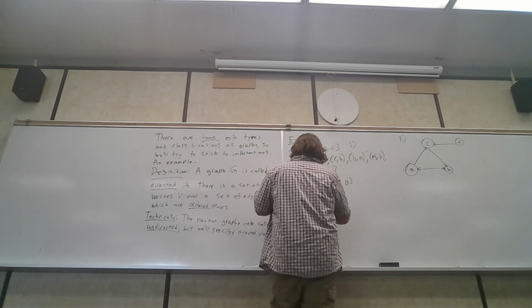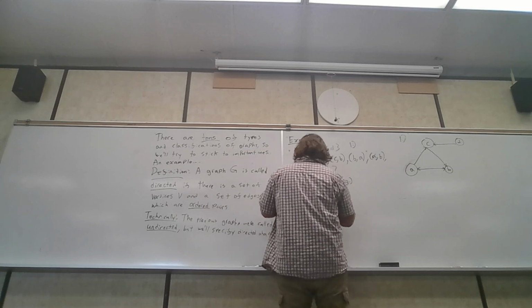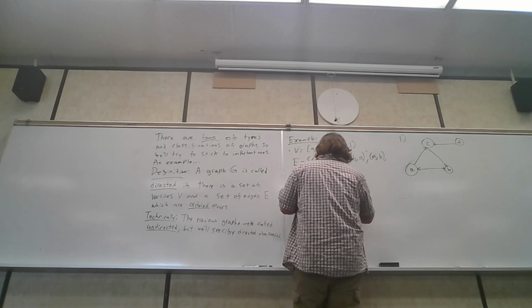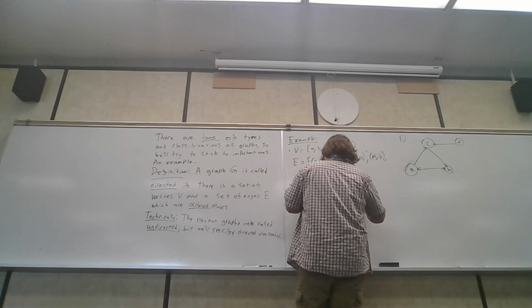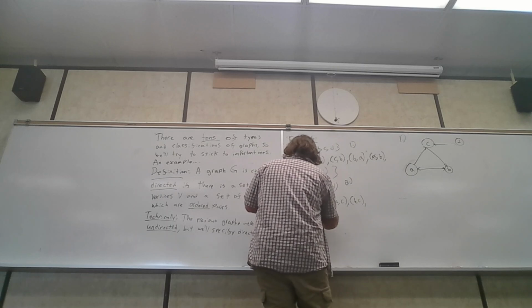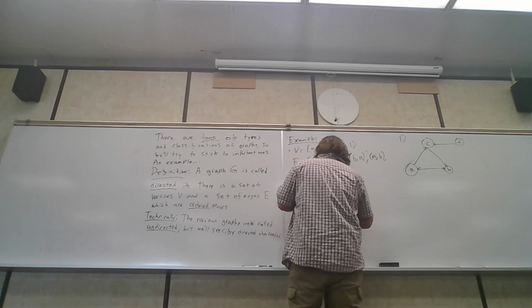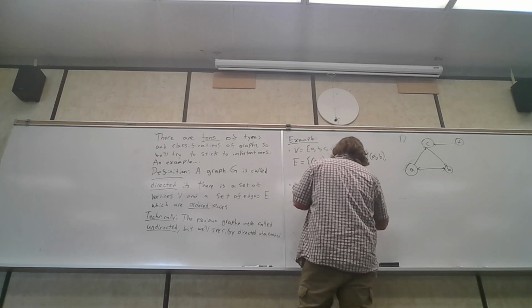And I have to copy them down again because I don't have the example memorized. It's embarrassing. A comma B, A comma C, B comma C, C comma B, C comma D, B comma B.